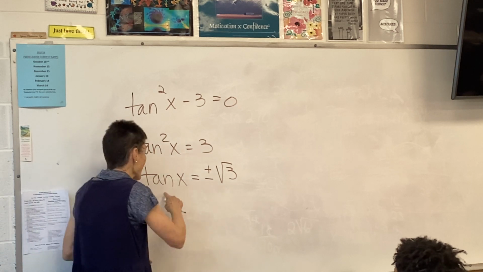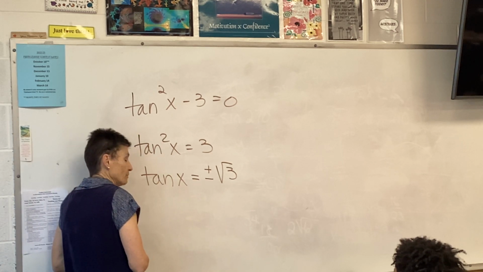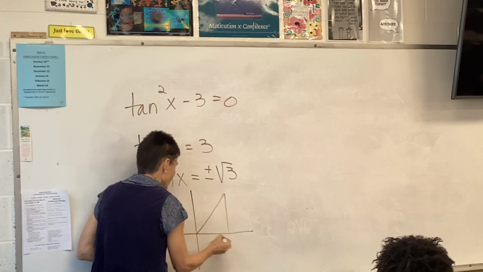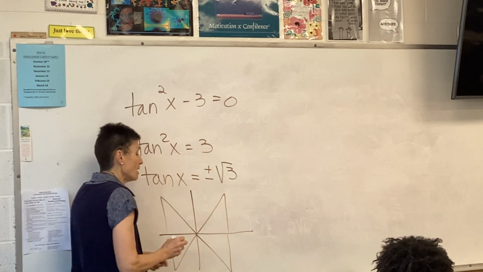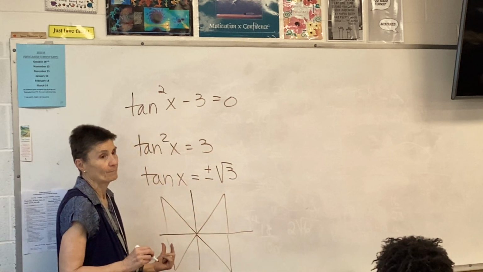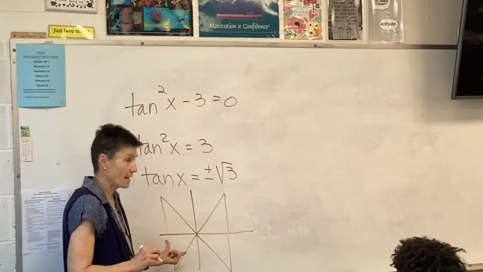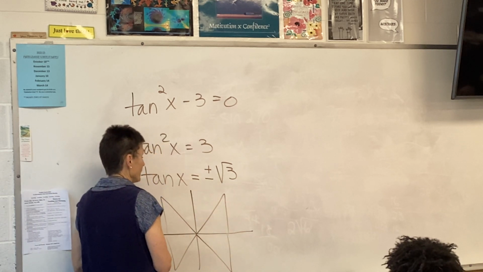Now, where is the tangent positive or negative? Everywhere. So I'm going to draw my butterfly bow tie, every single piece of it, understanding that all these triangles are congruent. But there's going to be 4 answers to the question. So let's just look right here in quadrant 1.